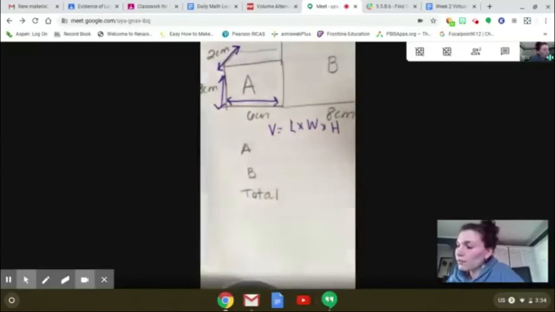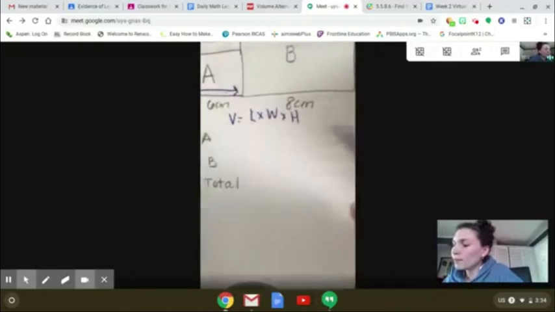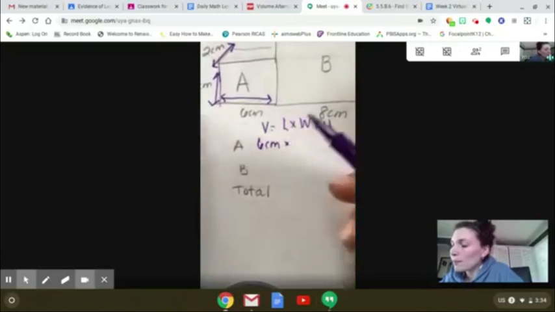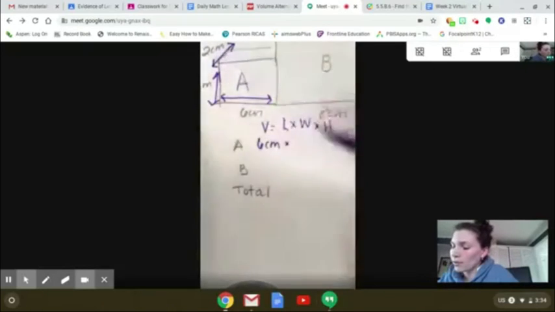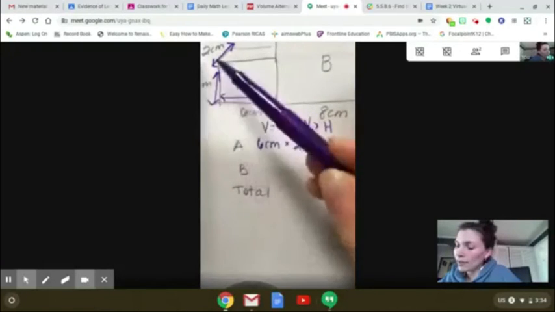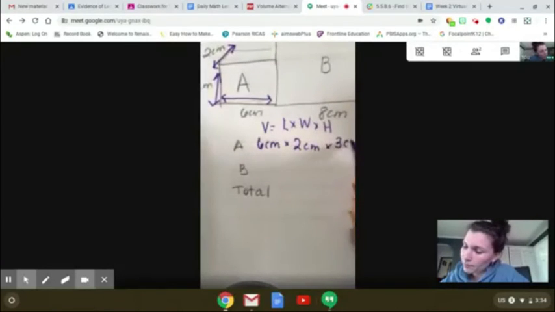So, finding the volume for A, I need to take my length, which was 6 centimeters, multiply by my width, which was 2 centimeters, and multiply that by my height, which was 3 centimeters.